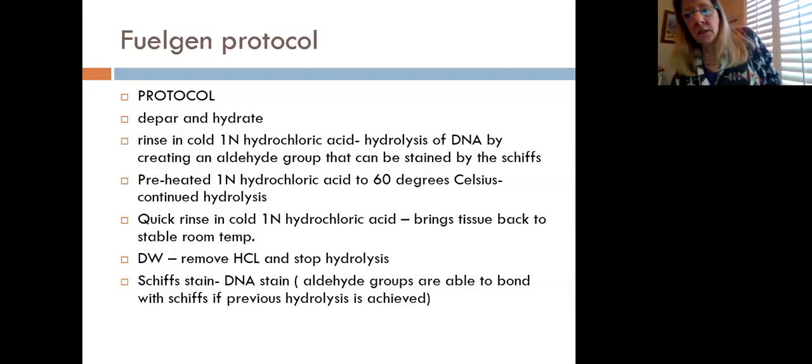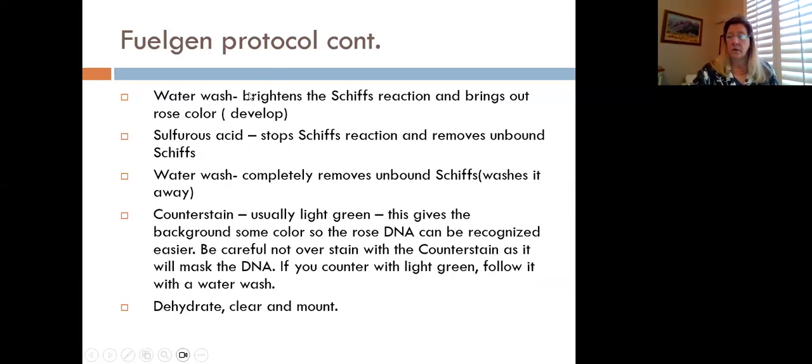Now that Schiff's reagent is going to stain your DNA, and even more specifically, it's going to stain the aldehyde group that you just created from the hydrolysis step up here. Then you're going to water wash. Coming out of Schiff's, you're going to water wash. And this is what's called a development step. With Schiff's, sometimes you will see it, sometimes you won't, depending upon what it is that you're staining, if it's a large target or a small target.